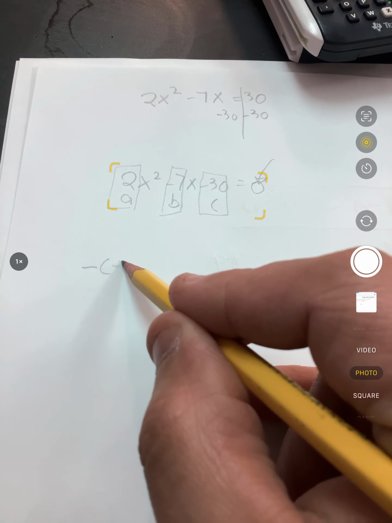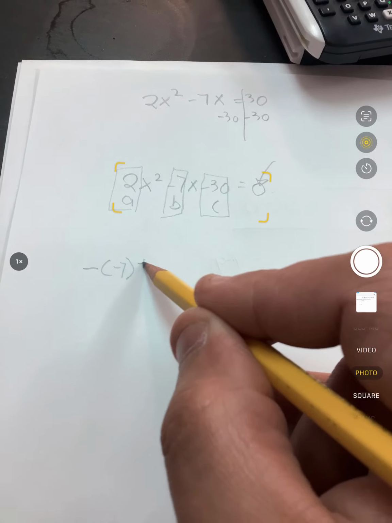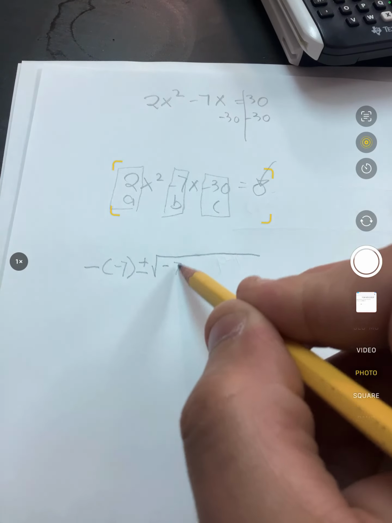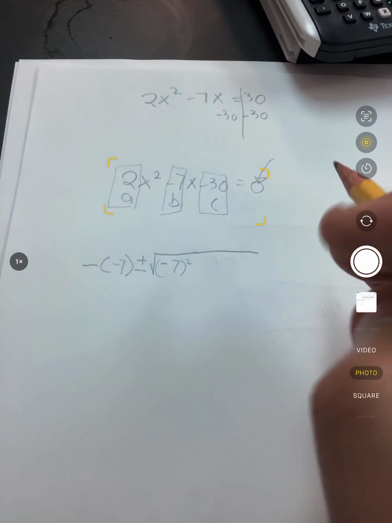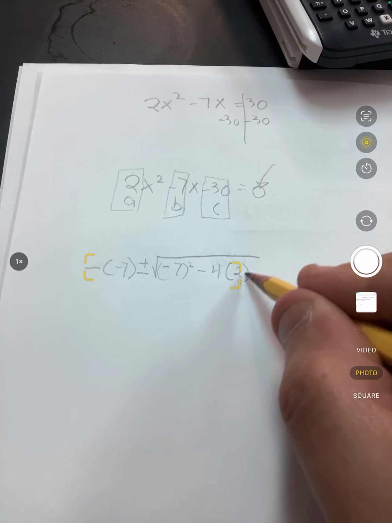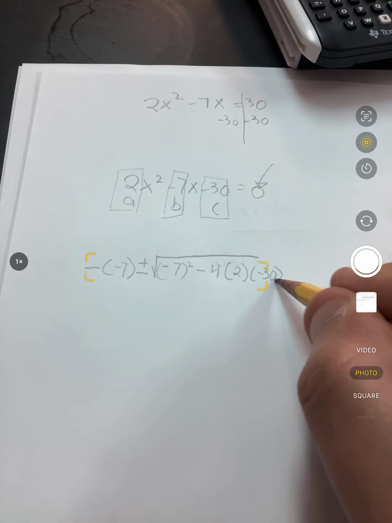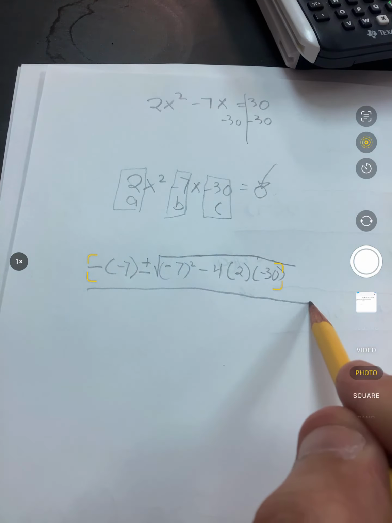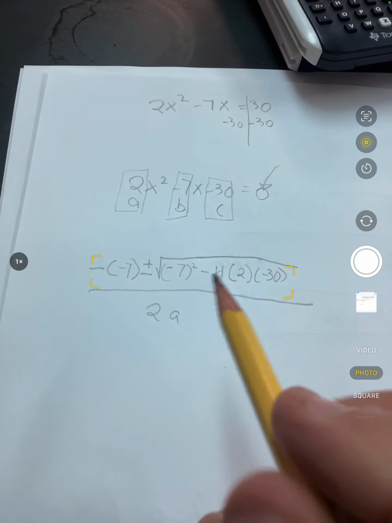Negative b plus or minus the square root of b squared minus 4 times a times c, all of that divided by 2a.